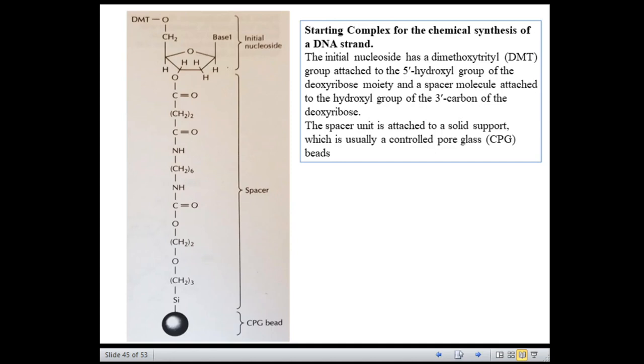Now in the 5' terminus we have a DMT group, that is dimethoxytrityl group. So this is attached to the 5' terminus of the nucleoside. The reason for that is to prevent the 5' hydroxyl group from reacting non-specifically before adding the second nucleotide.